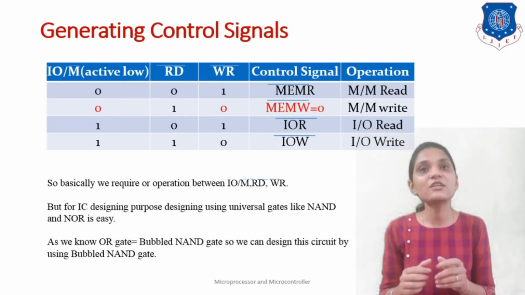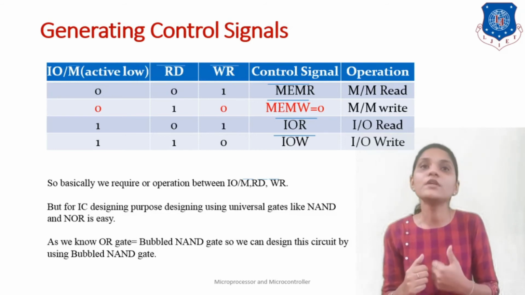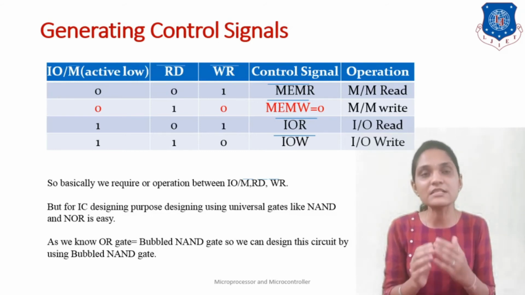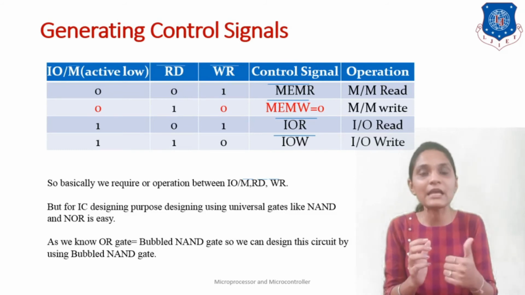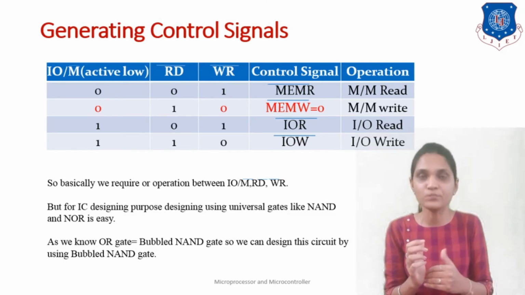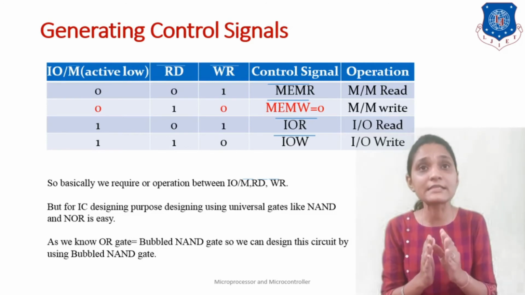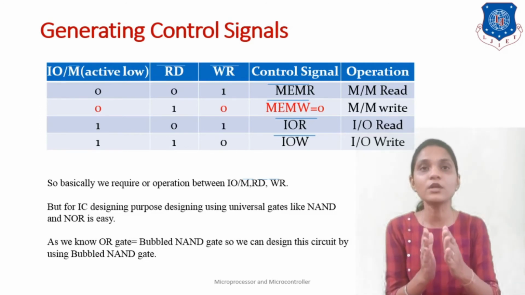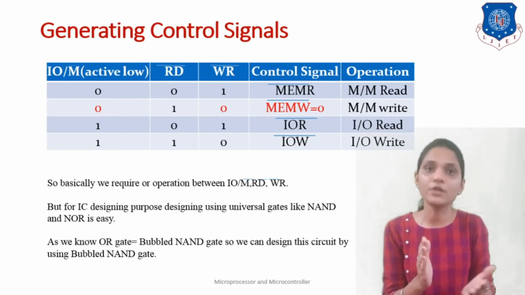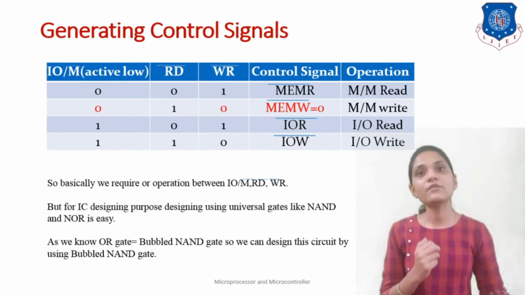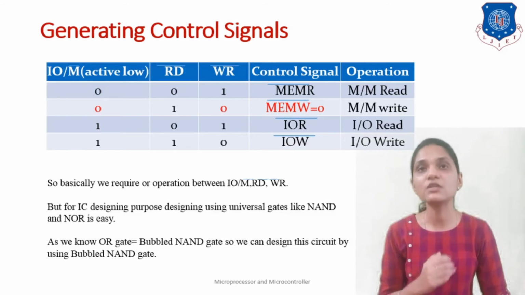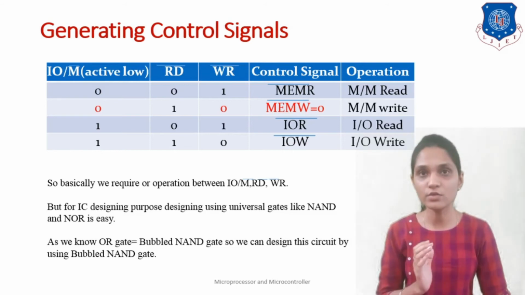So instead of the OR gate, we will use the bubbled NAND gate. That means it is a NAND gate whose inputs are inverted. The bubble at the input indicates that whatever you give as input is accepted after inverting. So we are going to use the bubbled NAND gate to generate these control signals.